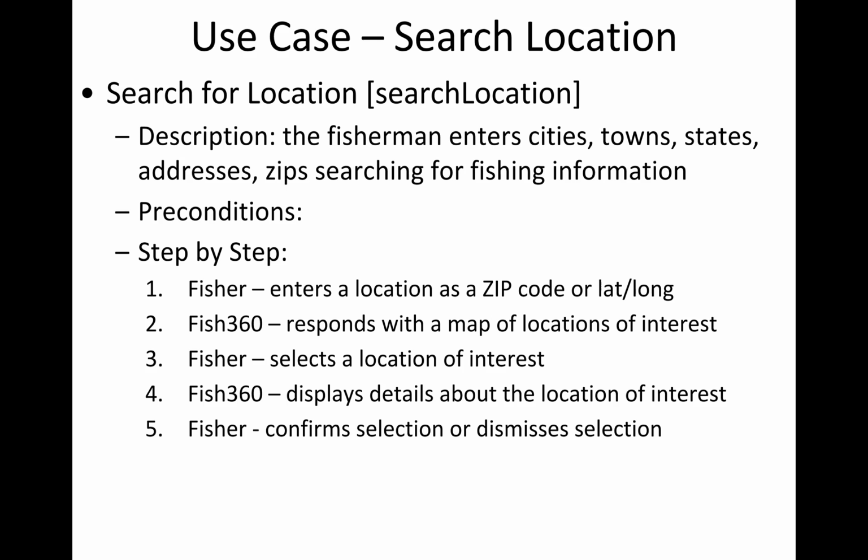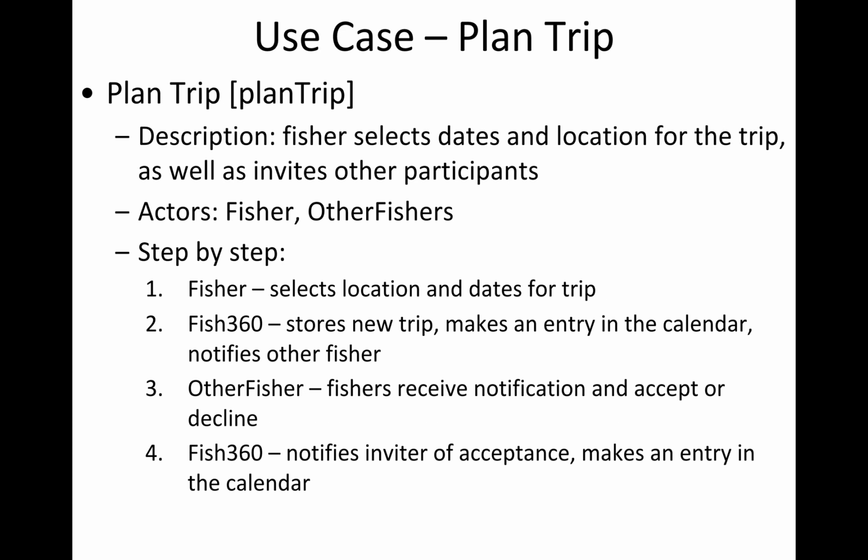They might enter the zip code, or the latitude and longitude is automatically generated, and the system responds with a map of the locations of interest. The fisherman selects the location of interest, the system displays details about it, and the fisherman confirms that's the place they want to go, selects it, and dismisses the selection.